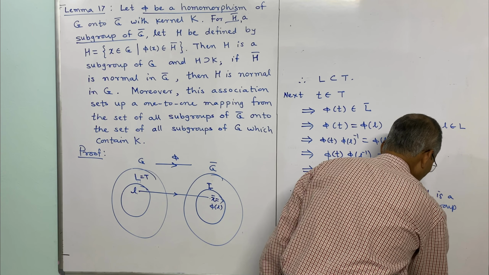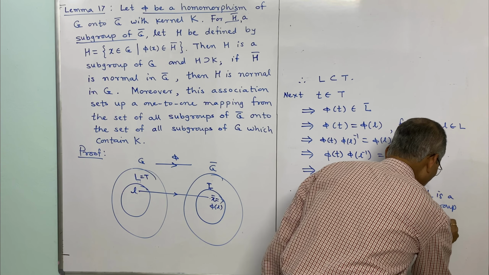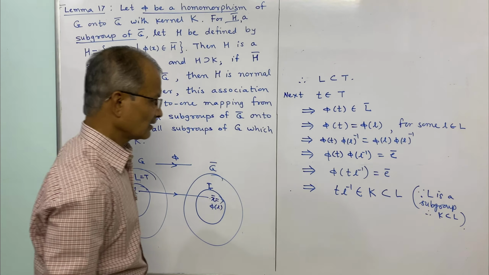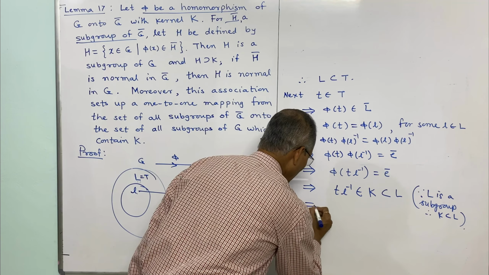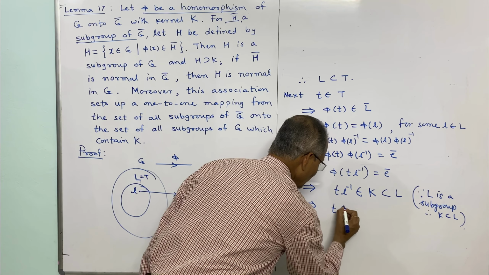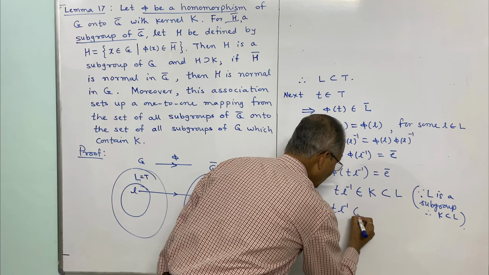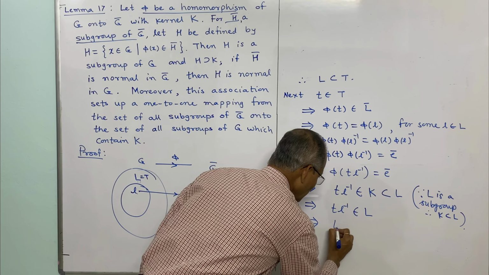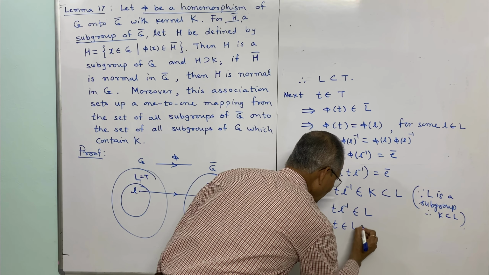Therefore, it contains K. K is a subset of L, and thus this implies t into l inverse belongs to L, or that further implies t belongs to L into l.